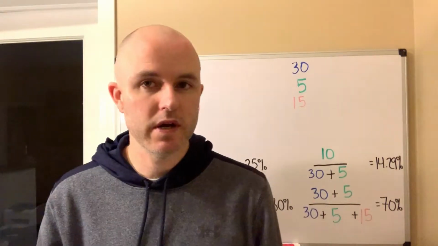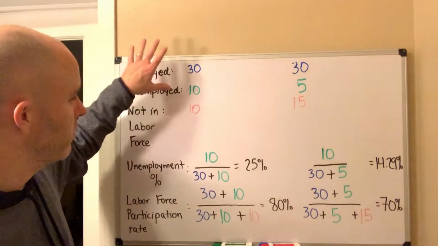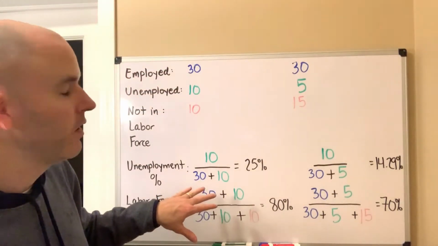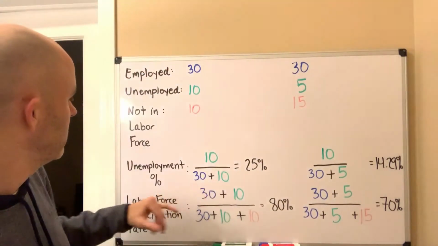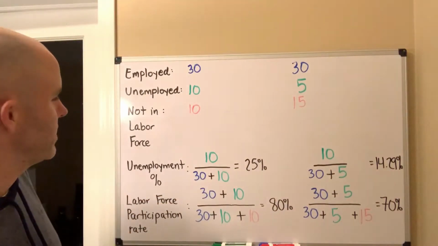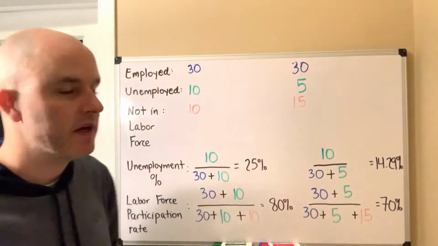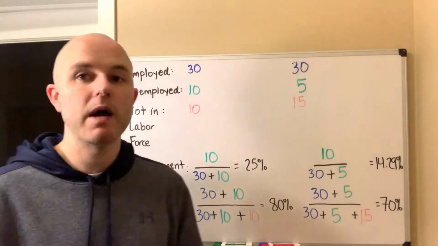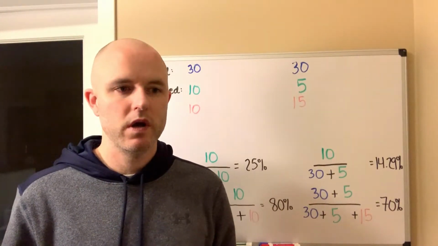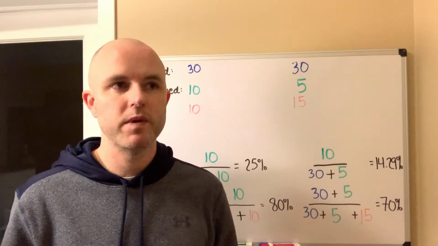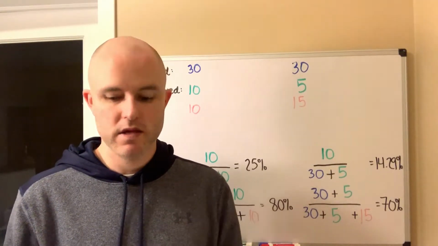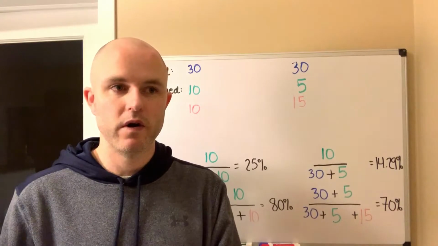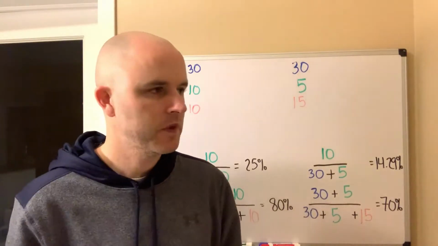So what I'm going to do here is we walk through our first example, which showed us how to calculate the unemployment rate and the labor force participation rate. And in the second example, we are going to create a hypothetical scenario that I think could have been part of the reason why the real numbers we get here are the way they are.